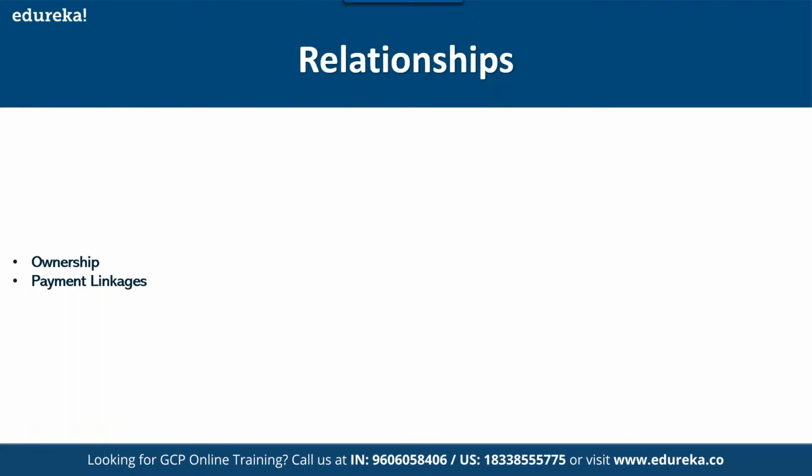It's not that you have to use the same relationship design. You can easily create the relationship profile between the different components. So you can define the owner, you can have the payment linkages. Let me show you.